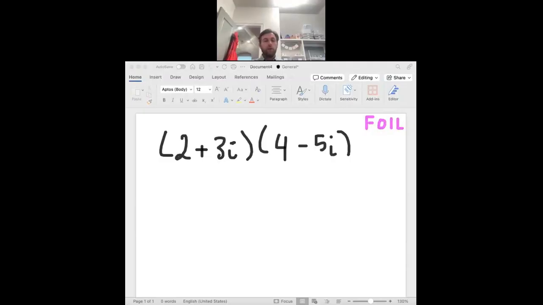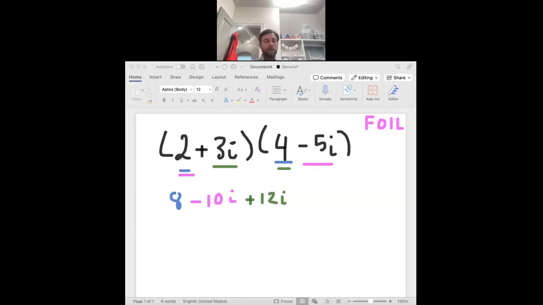And when we do FOIL, first is 2 times 4, which is 8. And then next is outer, which is 2 times negative 5i, which is negative 10i. And then inner, which is 3i times 4, which is plus 12i.